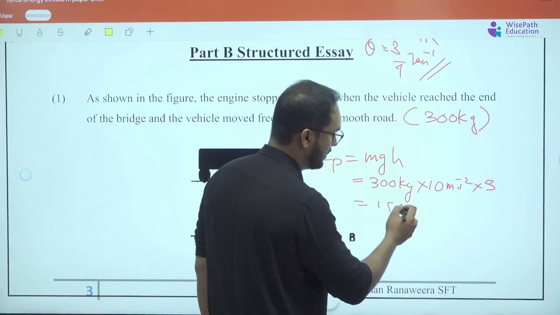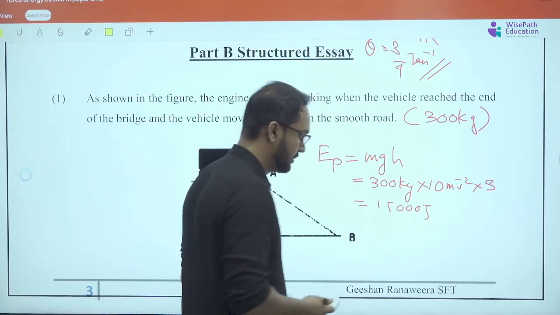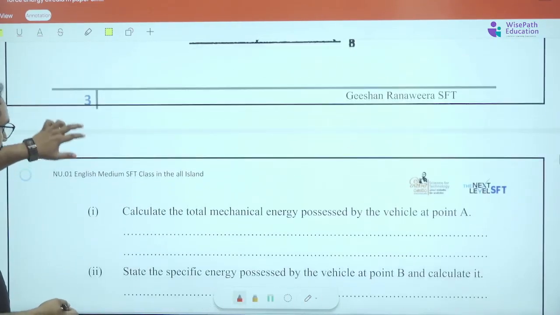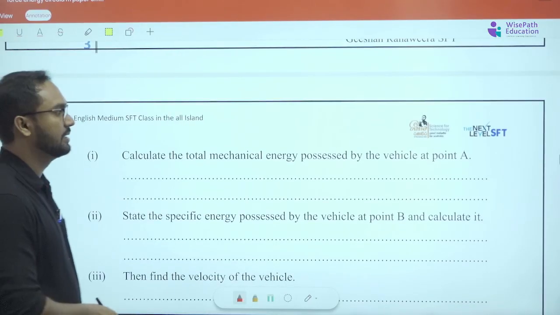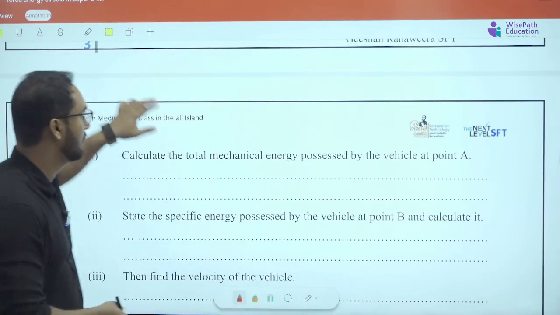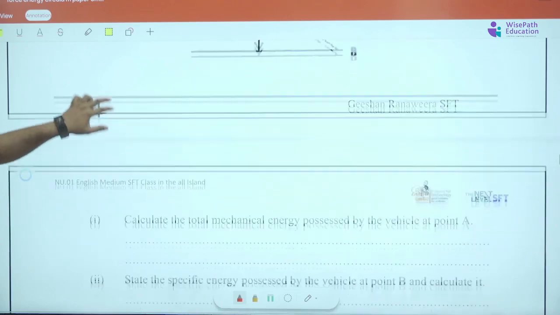So it's 15,000 joules. Calculate the total mechanical energy possessed by the vehicle at point A.